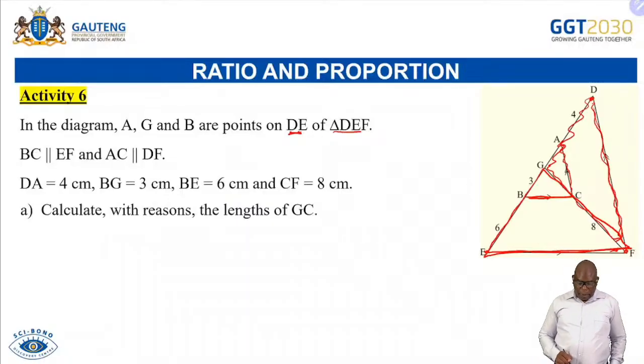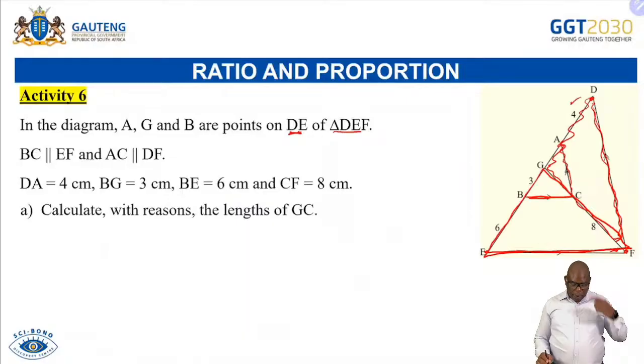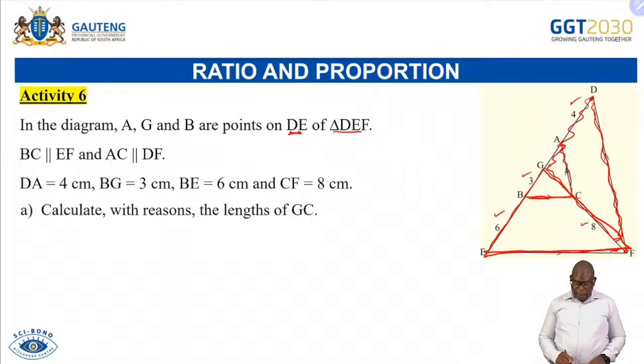Right. DA is 4, so DA is given, it's 4. BG is 3, so where's BG? BG is 3, given. BE is 6, so that is given. CF is 8, so that is also given. Calculate with reasons the length of GC. So where's GC? GC is this part here.